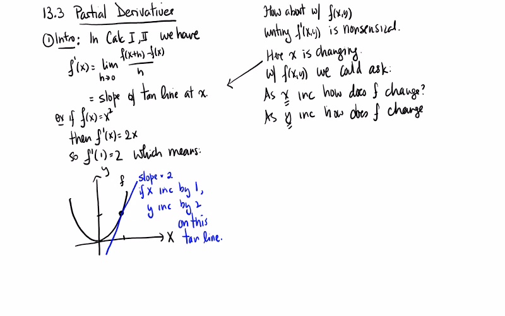And if you had more variables, you could do that too, right? If we had, say, f of x, y, z, we could ask, as z increases, how does f change?